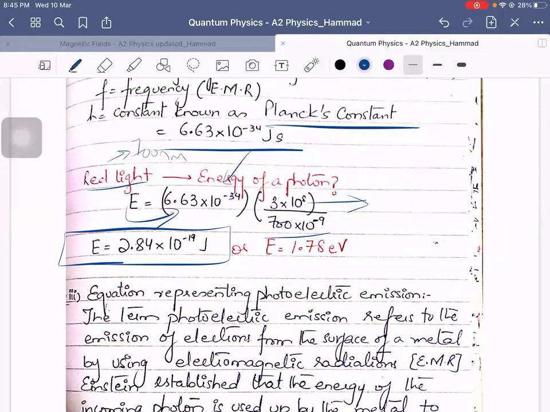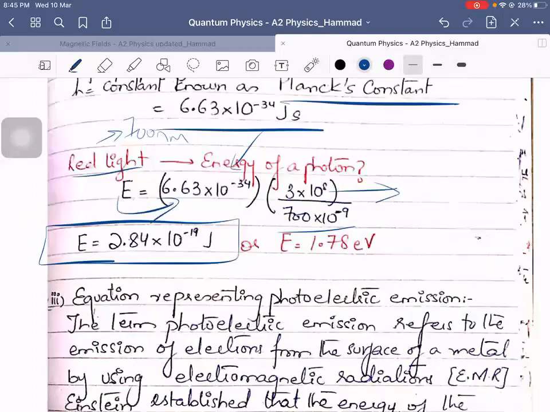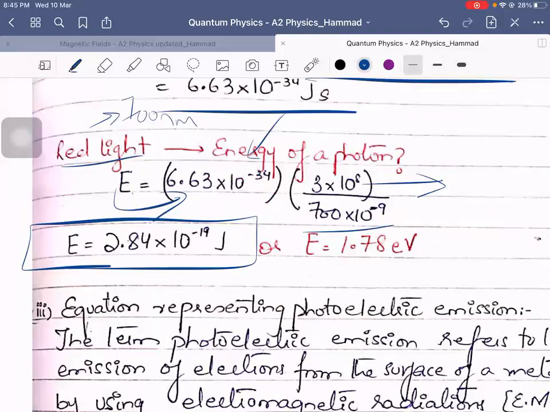And sometimes the examiner will ask you to convert it. So you simply divide this value by 1.6 x 10^-19 to get an electron volt value.